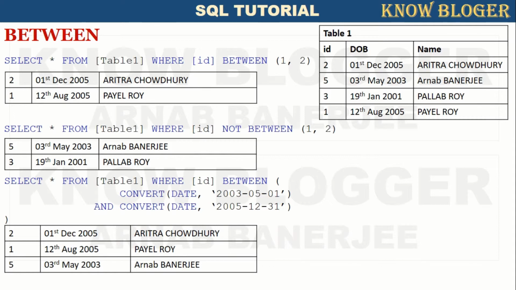Range, we can compute for a numeric value and the date time value. So here also an example is available for the date time range. So you can refer to the below example, which is select star from table 1 where id between, then date, convert date, and the date time, and convert another date.